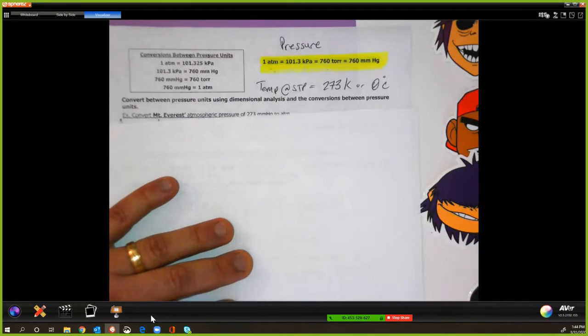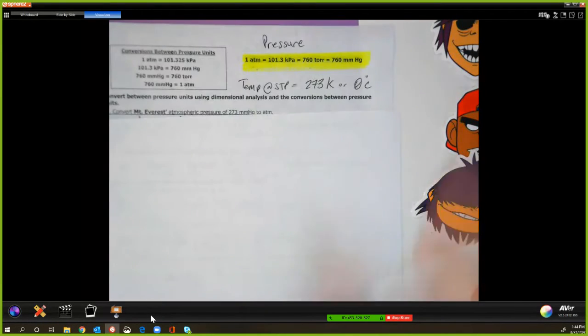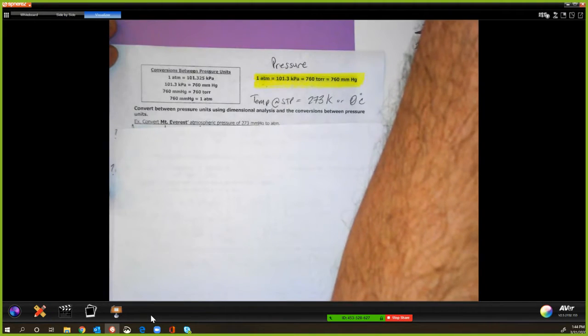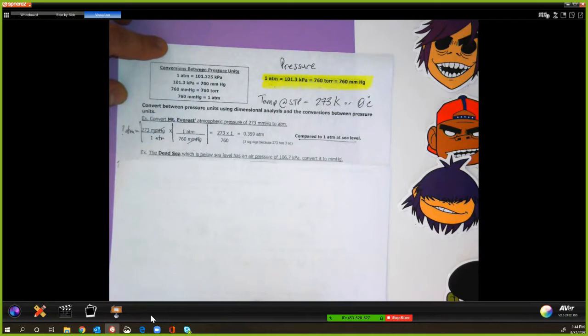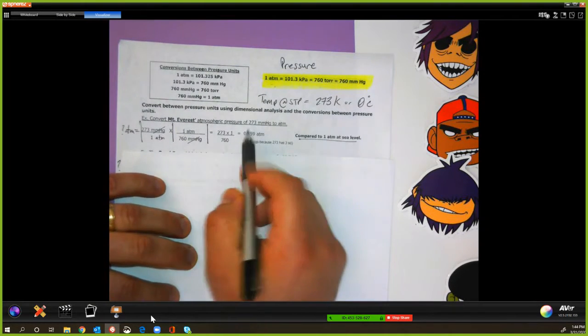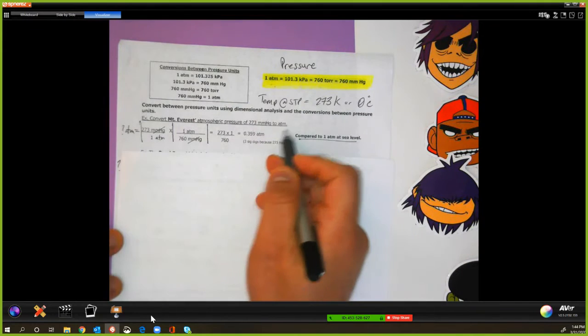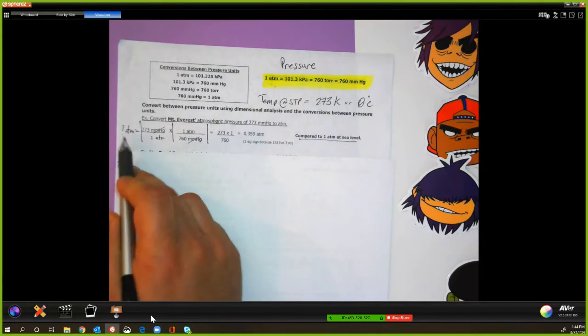Okay, and they have this in the notes as well. So I'm going to back up just a little bit. And so this one, it asks you to convert atmospheric pressure of 273 millimeters of mercury to atmospheres. So I just added this little question mark.